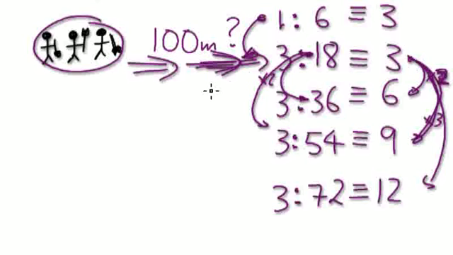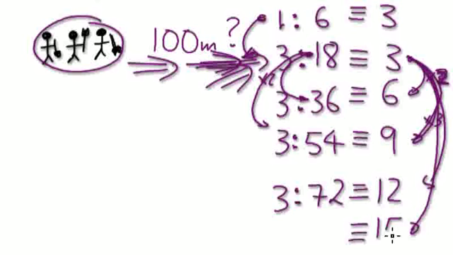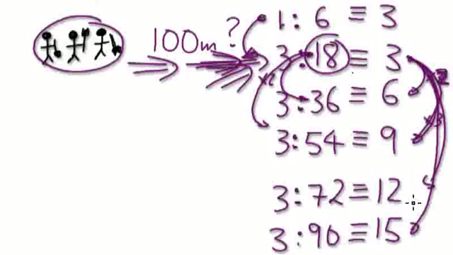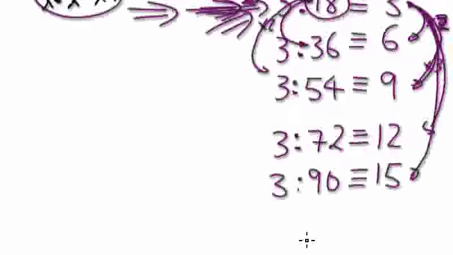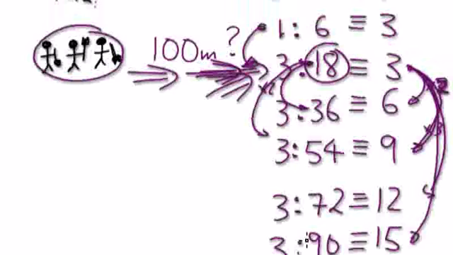If you go back to here and times it by 5, then in 15 days, 3 people can dig 90 meters. I'm plussing 18 each time, because in 15 days it's going to be 90 meters.